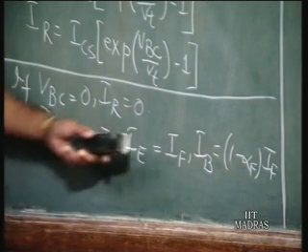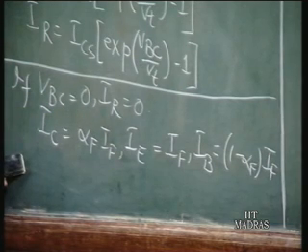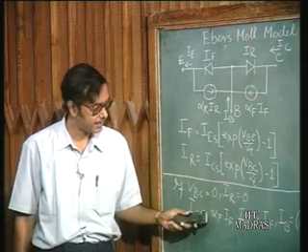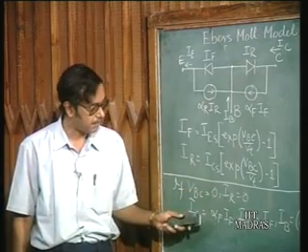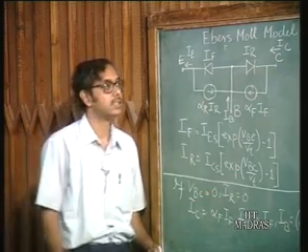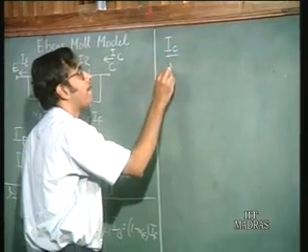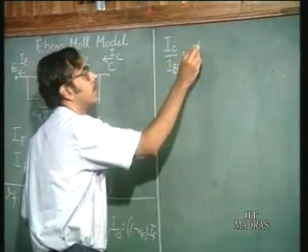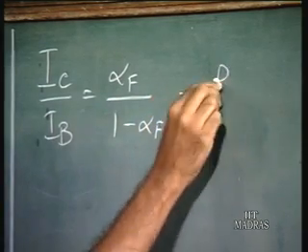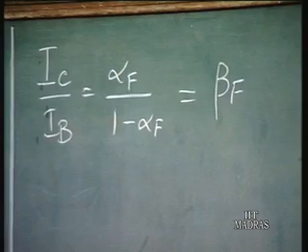And if you take the ratio of the collector current to the base current, IC by IB will be equal to alpha f by 1 minus alpha f, which is called beta f, the forward current gain.